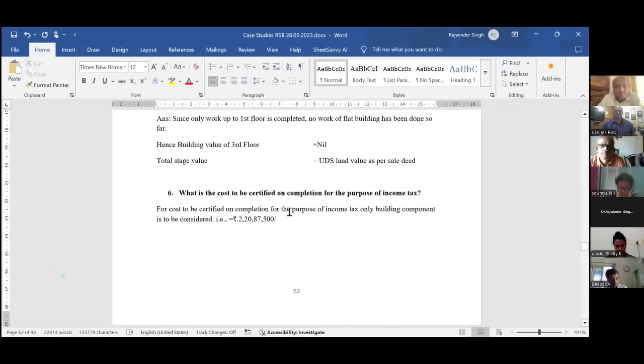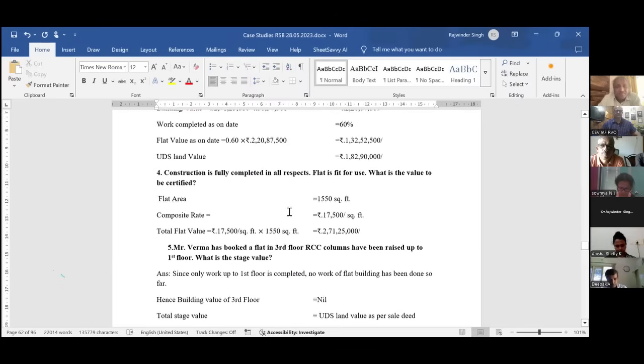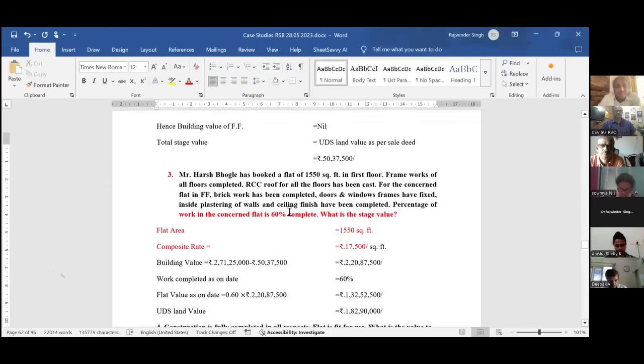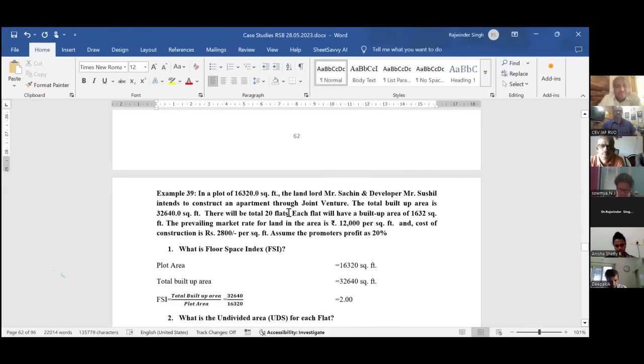Moving next. In a plot of 16,320 square feet of land, Mr. Sachin and developer Mr. Sushil intended to construct an apartment through joint venture.